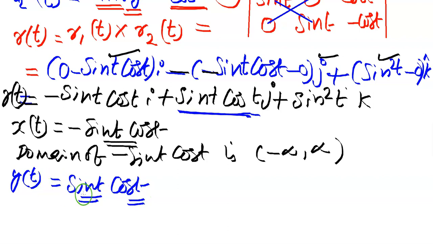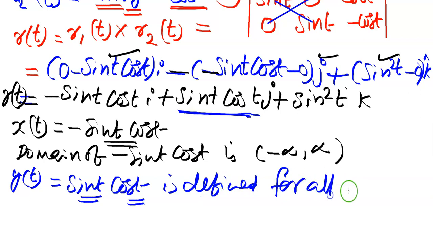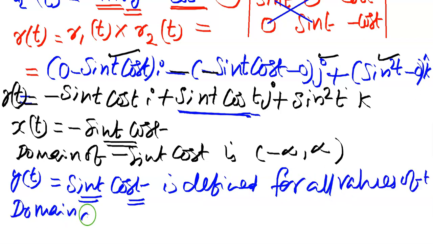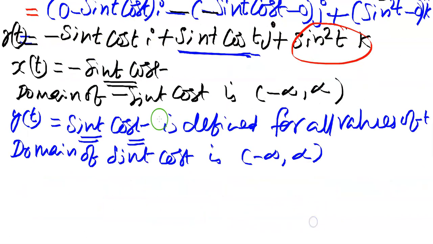Therefore, y of t is equal to sin t cos t is defined for all values of t. Domain of sin t cos t is minus infinity to infinity. Z of t is equal to sin square t.